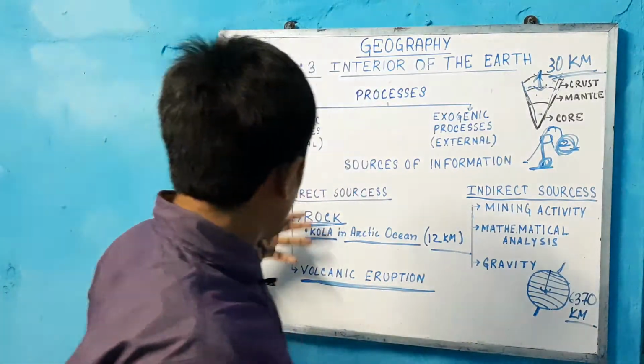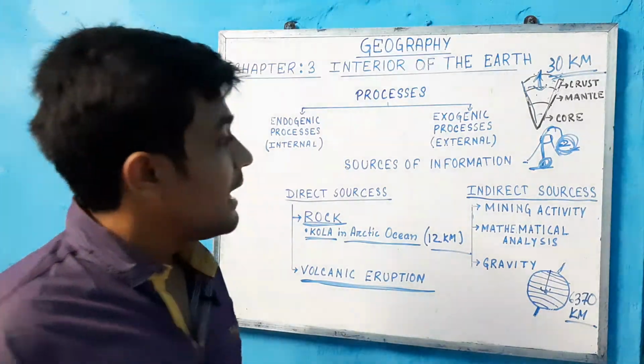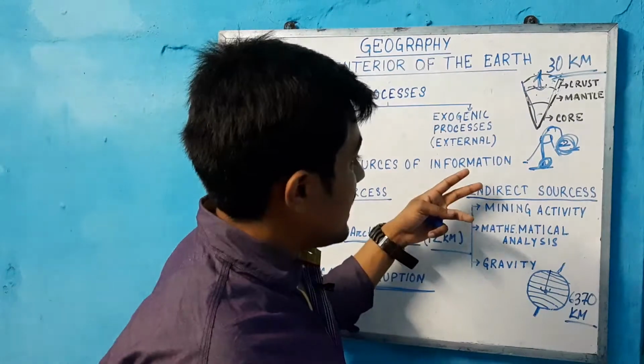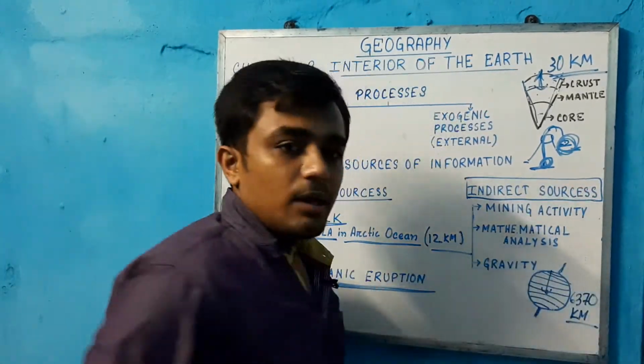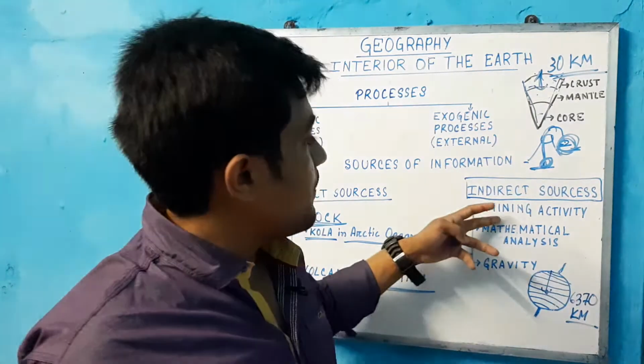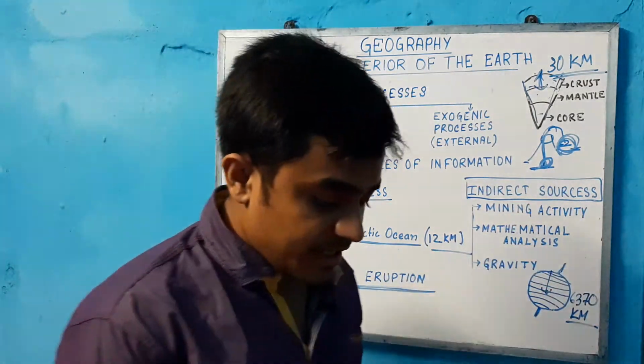So these are two main direct sources of information. Okay, and now discuss about some indirect sources. Indirect sources are some mining activity, mathematical analysis and gravity.